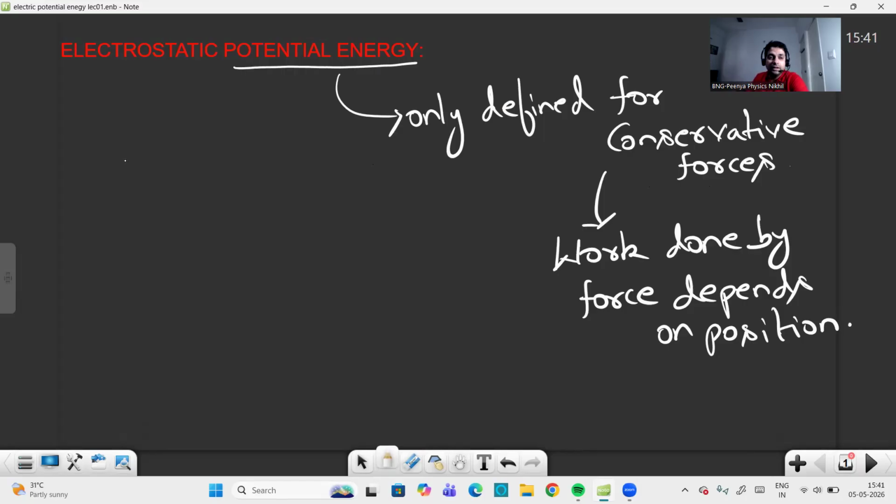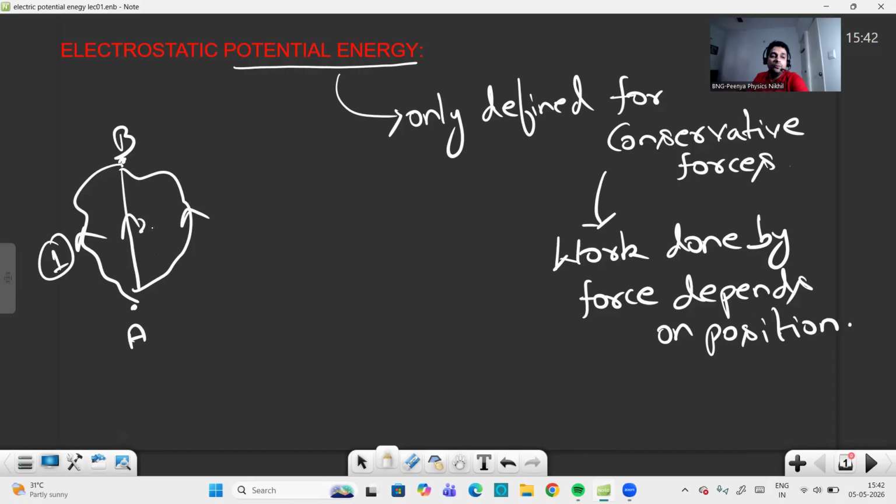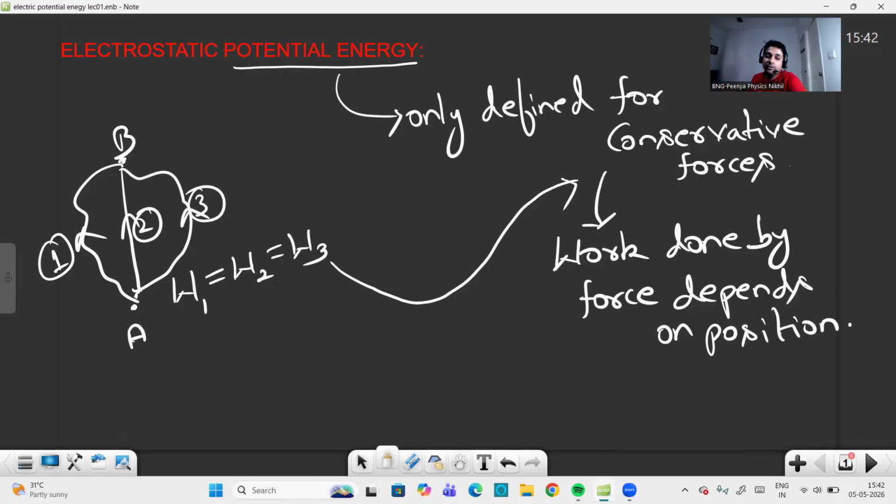For example, if an object moves from point A to point B by different paths, path 1, path 2, path 3, and if the initial and final positions are the same and the work done is the same, W1 equals W2 equals W3, then this is the case of a conservative force.